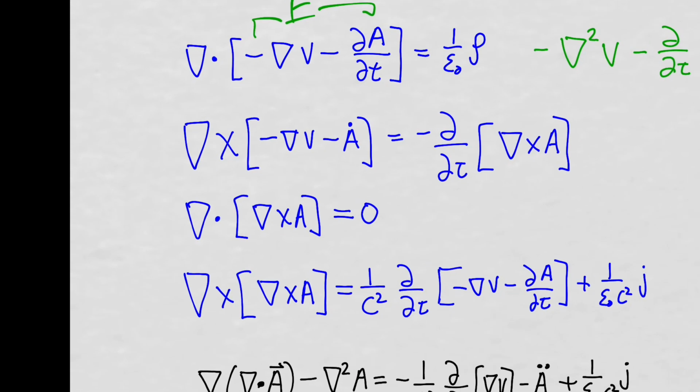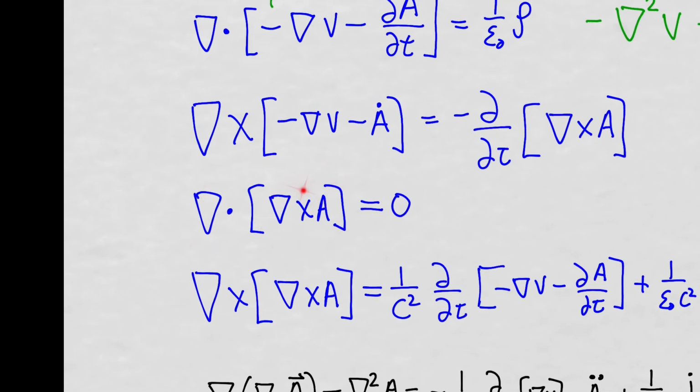Well, that's really easy because that's just the divergence of the curl of the vector potential. We actually use this to define the vector potential. So this is automatically satisfied via the very mechanics we use to create the notion of the vector potential.